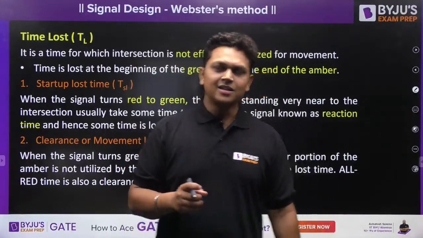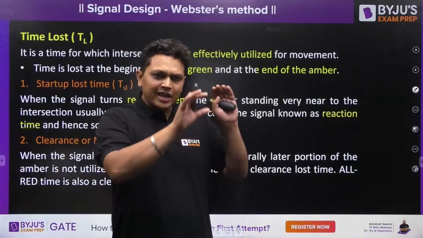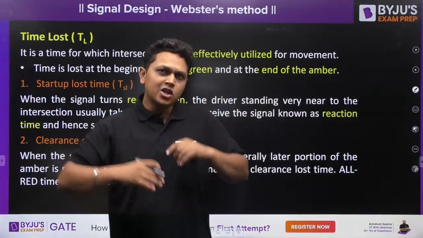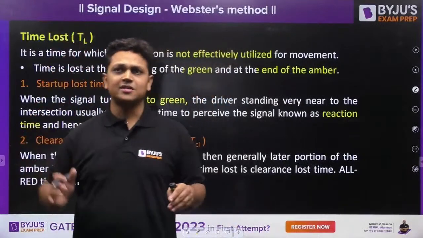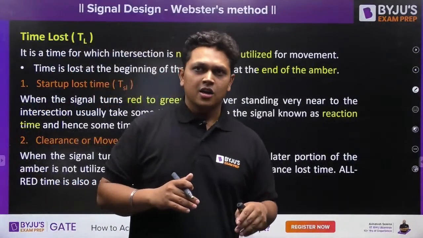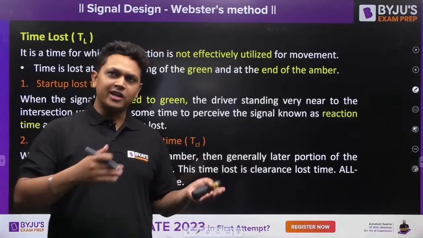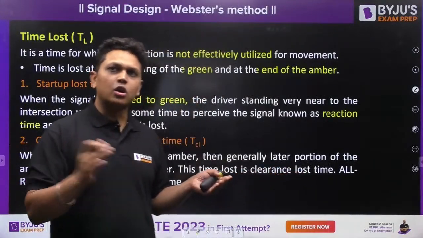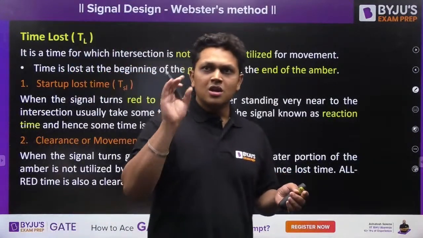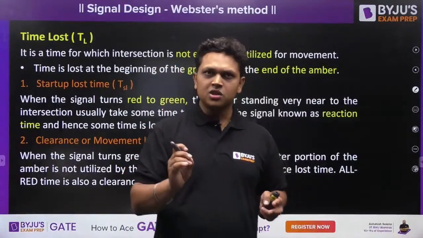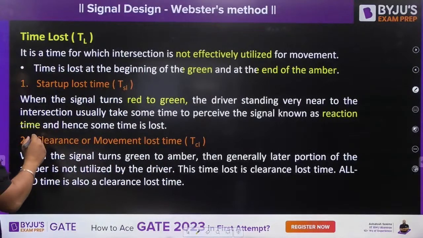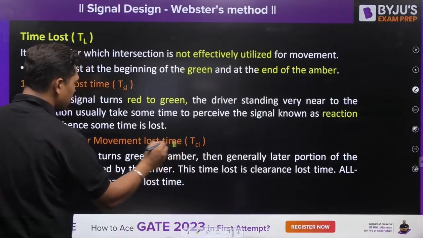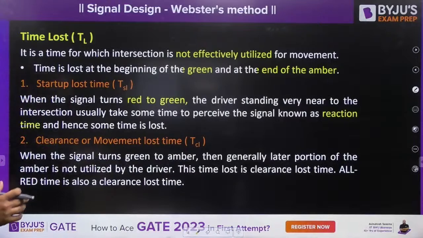But the last few seconds of the amber time are not utilized by the traffic, because the vehicles have already crossed the intersection. So some amount of time is lost, which is referred to as clearance or movement lost time.